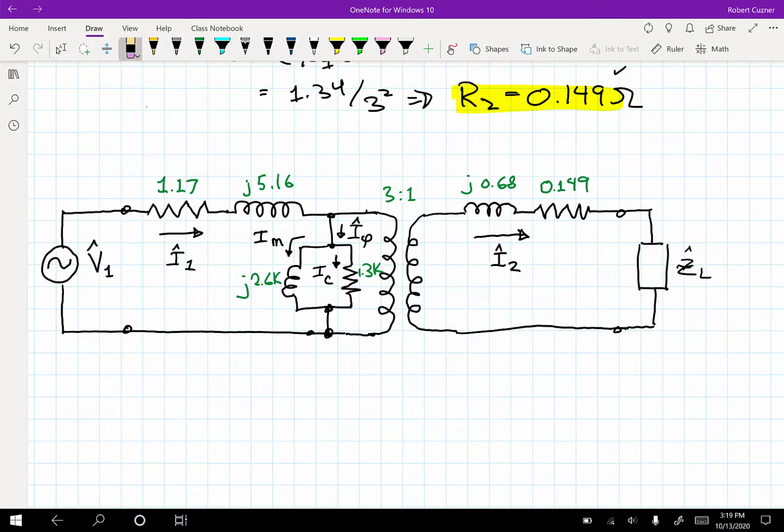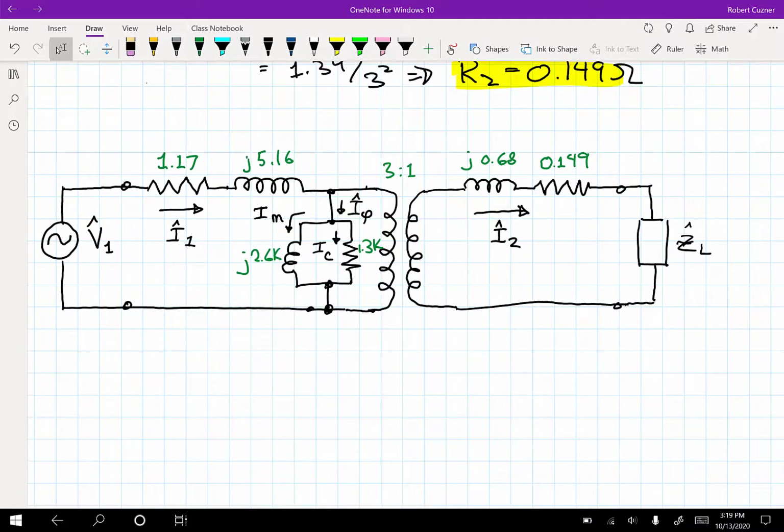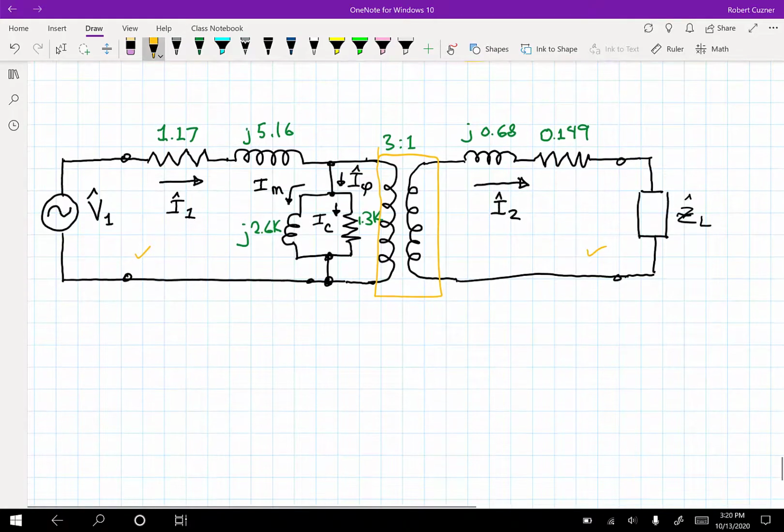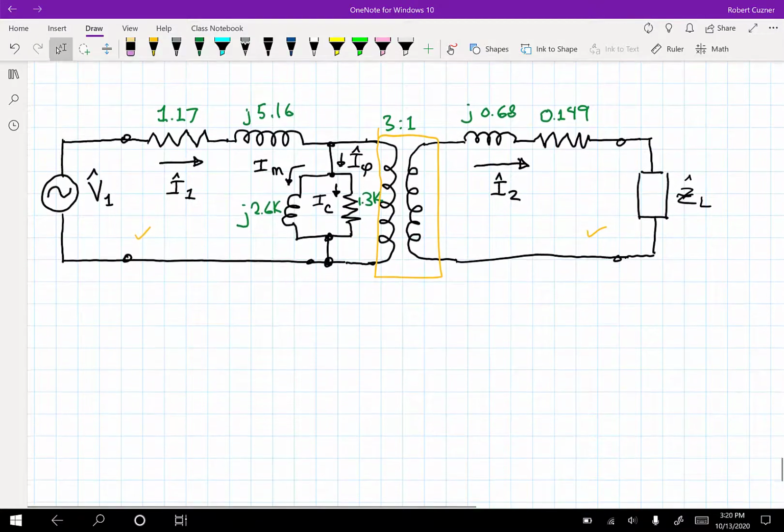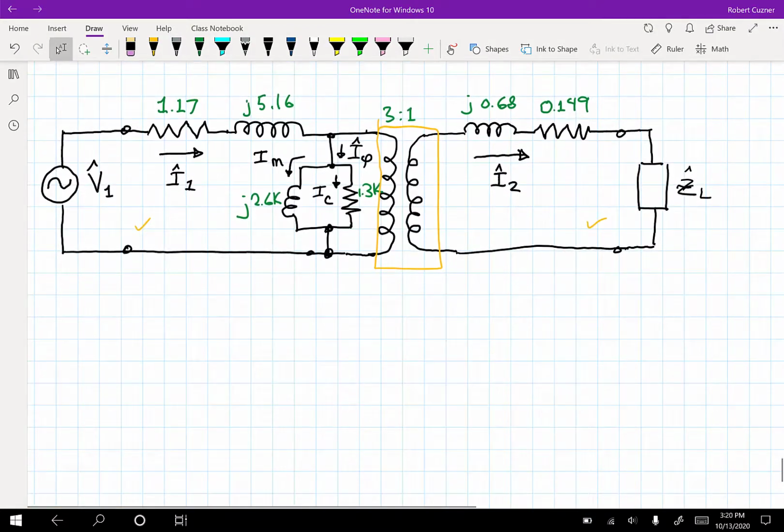So what we have here now is the equivalent circuit, including the transformer symbol, which is right here in the middle. And if we're going to show the parameters the way that they would be physically measured from the primary side or the secondary side over here, then we would have to represent it this way. It's really kind of inconvenient and makes it difficult to solve problems, though, if you use this circuit.